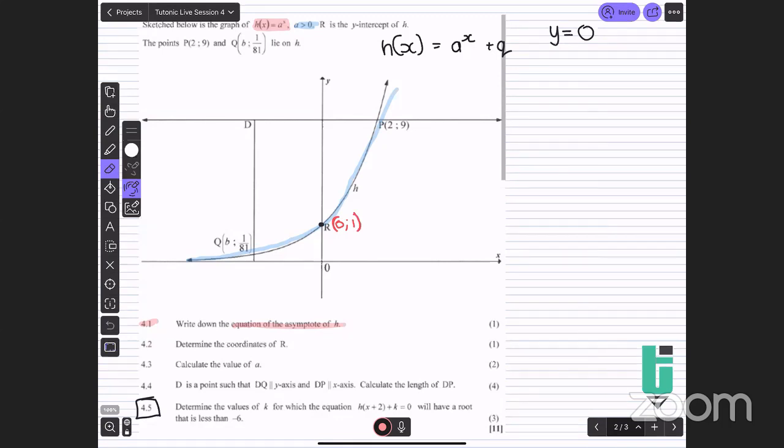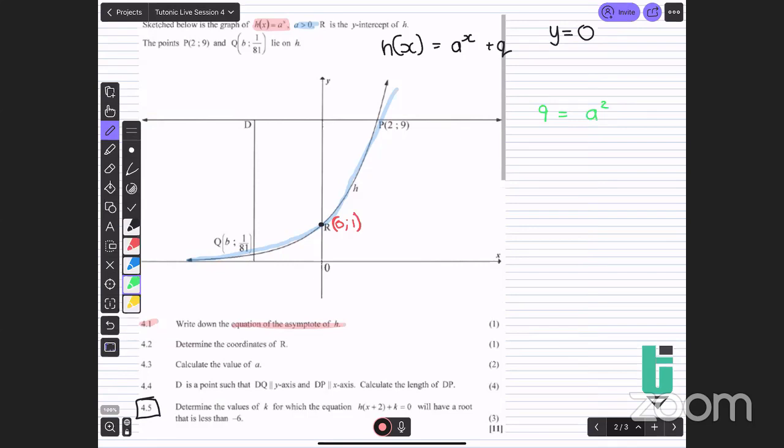Now it says the value of a. A is just a coefficient. How do we find the coefficient of a graph? You can sub in a coordinate, or you use the information they give you. So y is 9, which is the y value, so 9 equals a to the power of 2. What is a equal to?